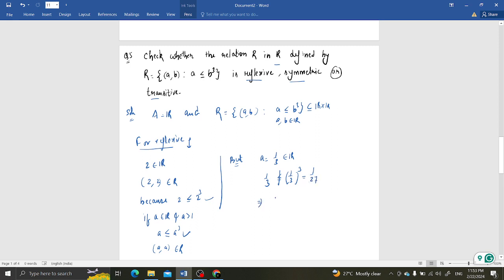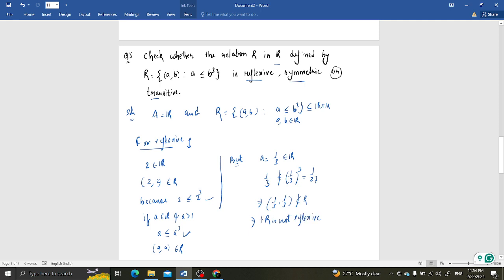So it implies that (1/3, 1/3) does not belong to relation R. So this implies that R is not reflexive.